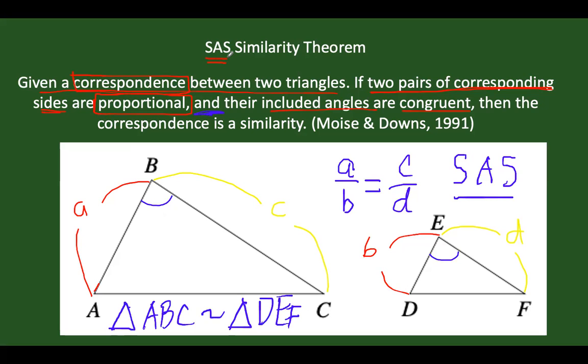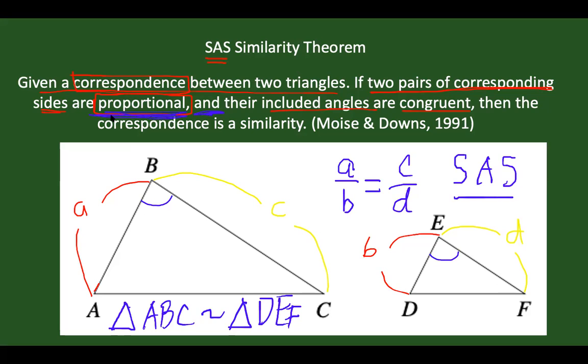Now, what's the difference of the SAS similarity theorem with the SAS congruence postulate? Now, the difference is, for the similarity theorem, SAS, under sides, the sides must be proportional. However, for congruence of triangles, the sides must be congruent.